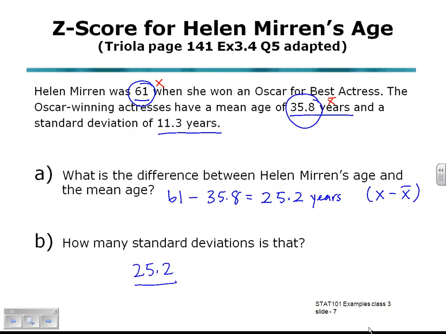So 25.2 divided by 11.3, the standard deviation, gives a value of 2.23 to 2 decimal places. So this, in effect, is X minus X bar divided by S, building up that Z-score formula.